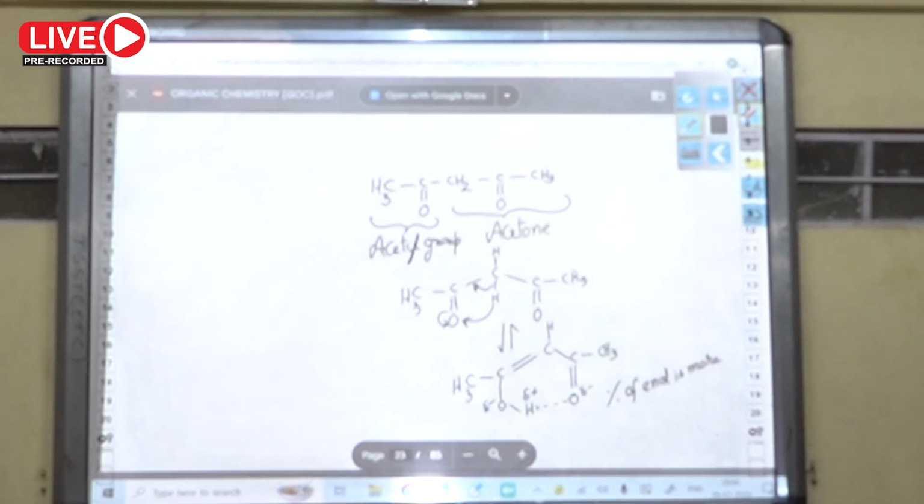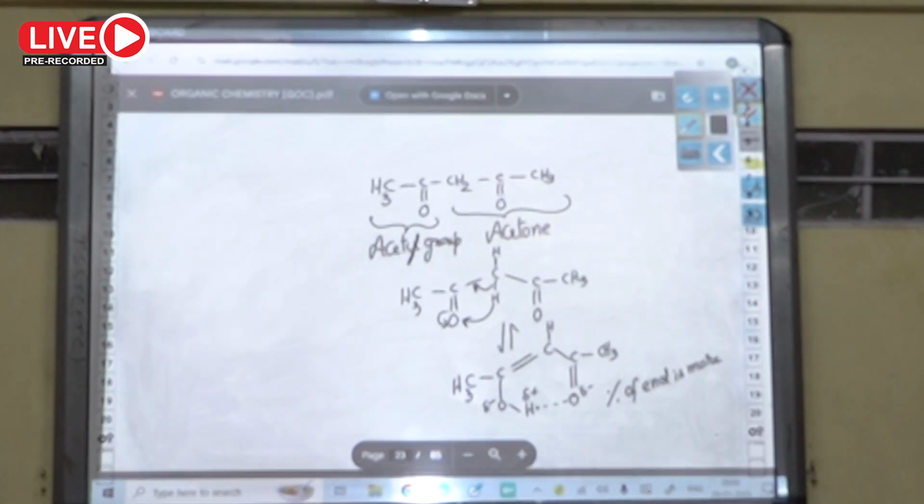Whenever there is a possibility of intramolecular hydrogen bonding, the enol content will be more. Usually which is more? Keto form, because C double bond O is stronger than C double bond C. So this is all about tautomerism.